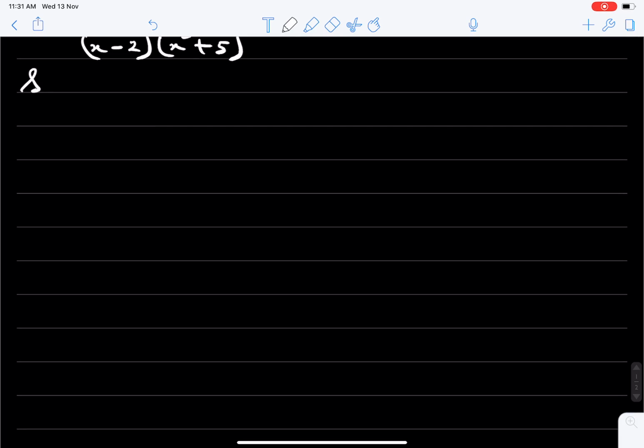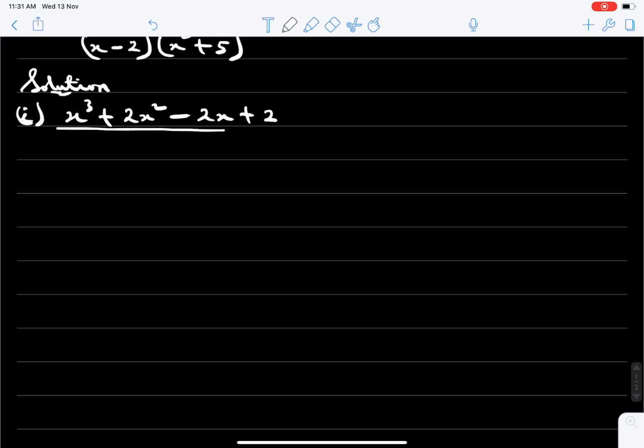Now, let's see how they are resolved into partial fractions. The first one is x raised to the power 3 plus 2x squared minus 2x plus 2 divided by x minus 1 times x plus 3.